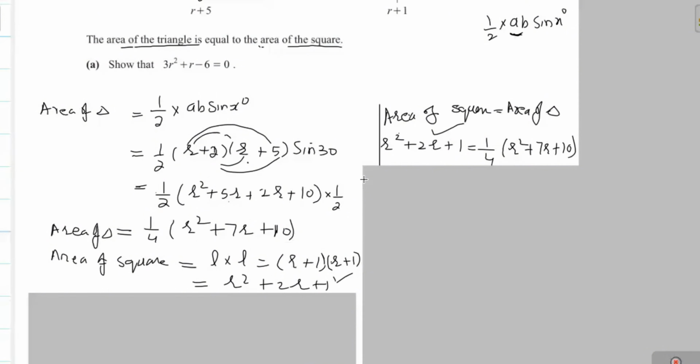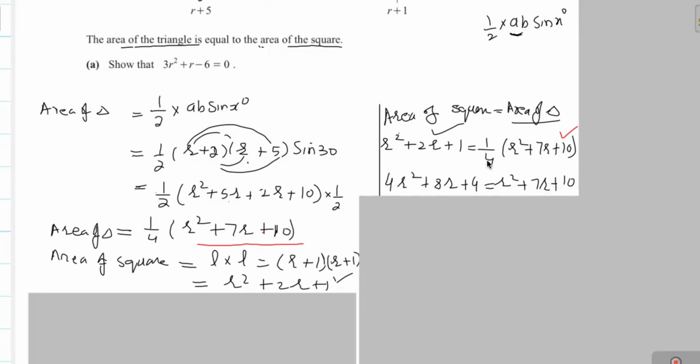We will write here the area of the triangle, 1 over 4 into r squared plus 7r plus 10. And we will simplify this. Now we shift the 4 from right to left side. Therefore, this becomes 4r squared plus 4 times 2 is 8r, plus 1 into 4 is 4. The remaining value becomes r squared plus 7r plus 10.